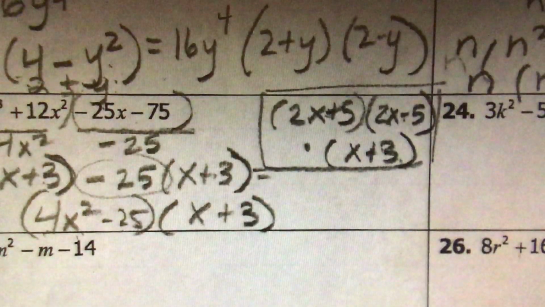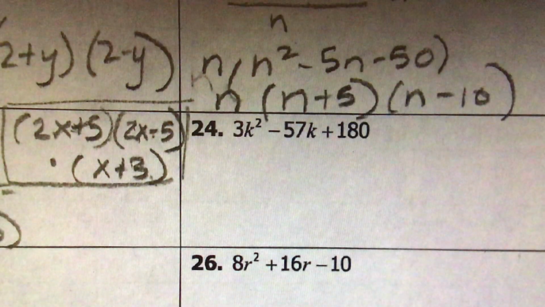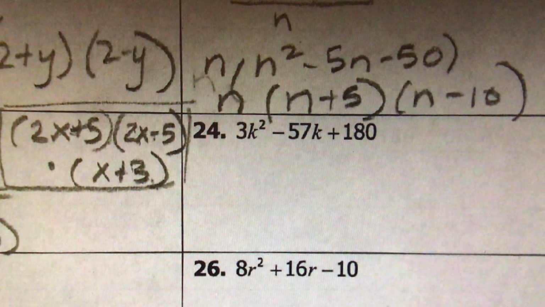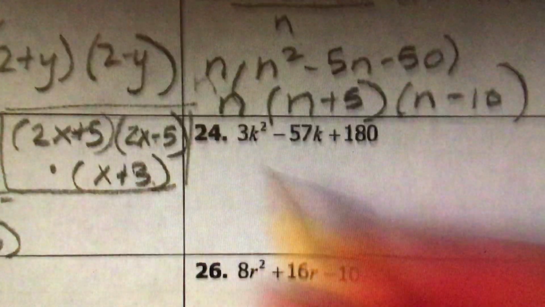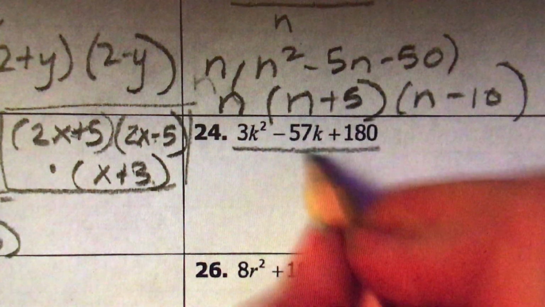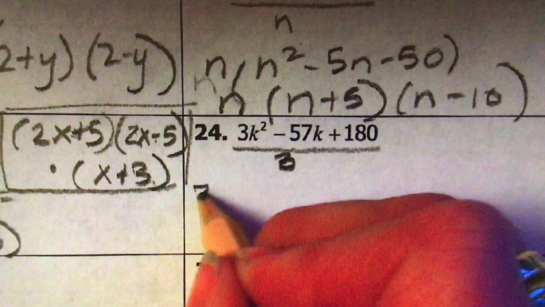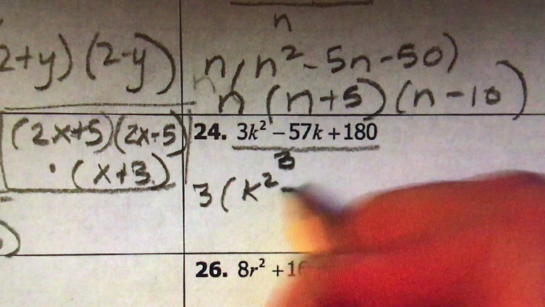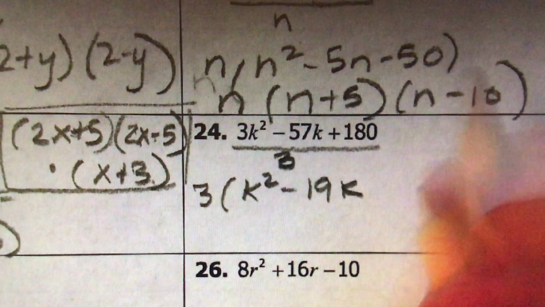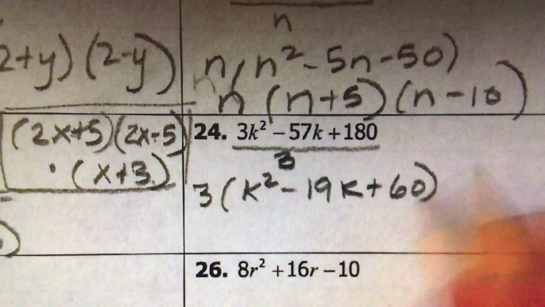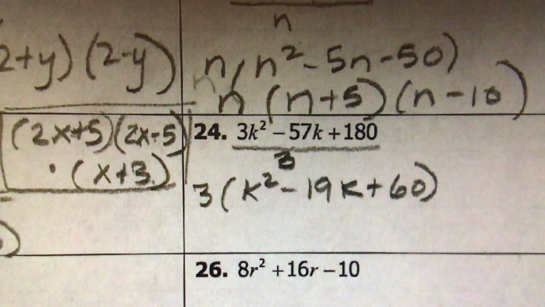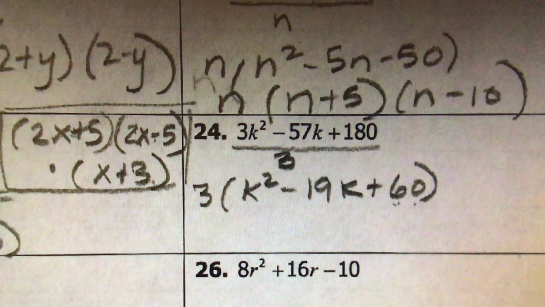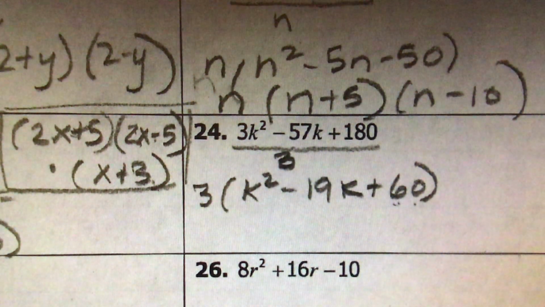Over here, I could probably factor something out if I look quickly. I think 3 goes into all of these. If I factor out a 3, pull out my 3, I'm going to end up with k squared minus 19k plus 60. Now I can do the possum game. I can get to 60 and negative 19. 60, I can make my table, negative 19.